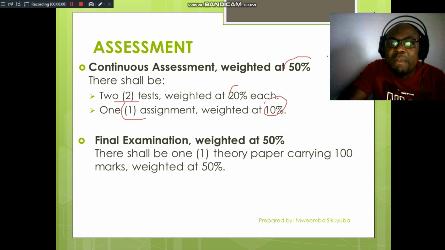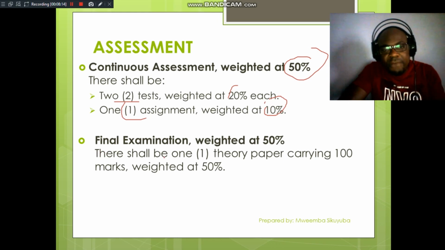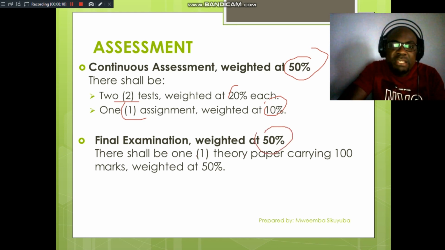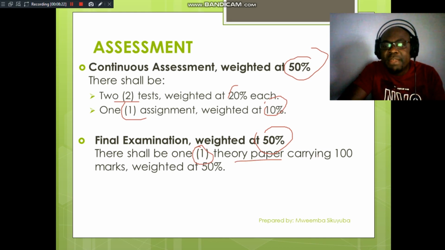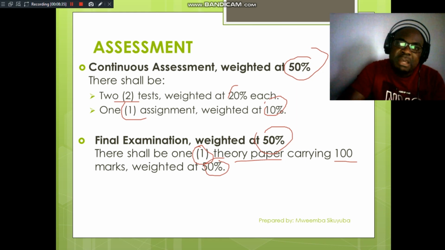All this will amount to 50% of our continuous assessment, while our final assessment will be 50%. This will be 1 theory paper of 100 marks, weighted at 50%. This is what is going to be expected of us.